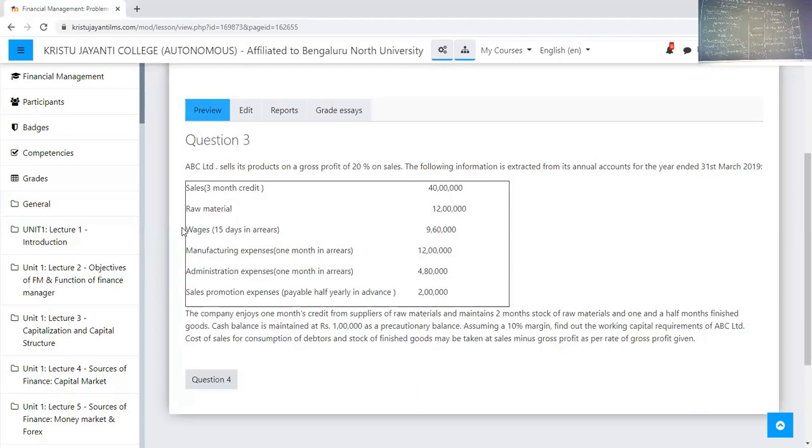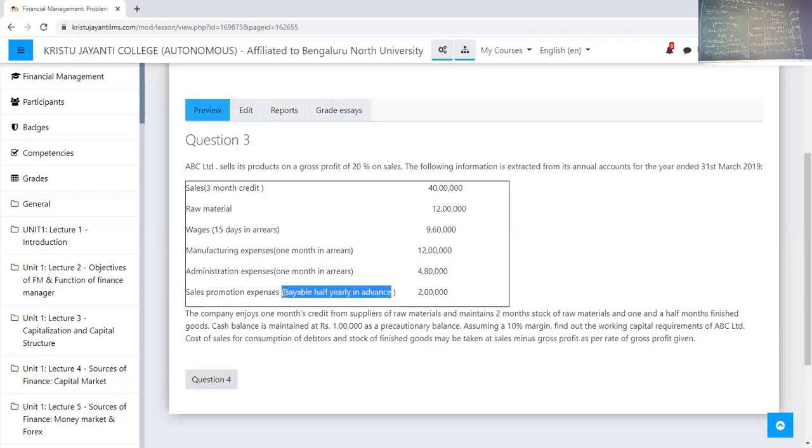Then they have told wages, which has a delay in payment of 15 days in arrear. So this is outstanding wages, current liability. Manufacturing expense are delayed by 1 month in arrear. So again, outstanding manufacturing expense, current liability. Administrative expense, 1 month in arrears, again, outstanding administrative expenses, current liability.